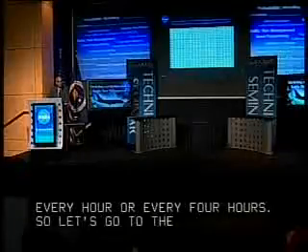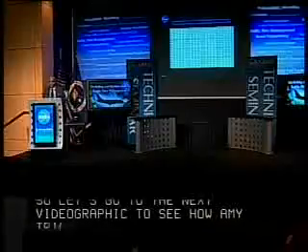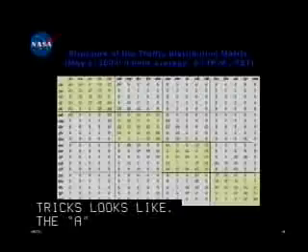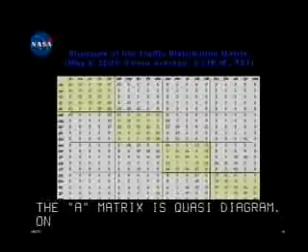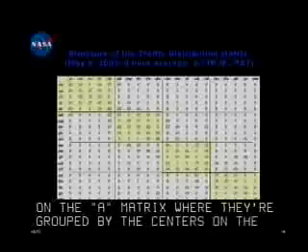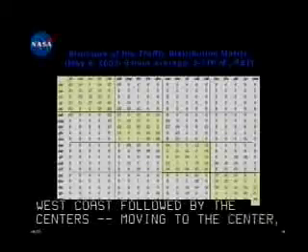The A matrix is what I call quasi-diagonal. Here I have arranged the A matrix so my states are grouped into the centers on the West Coast, followed by the centers moving towards the east, followed by centers in the Midwest and the East Coast.